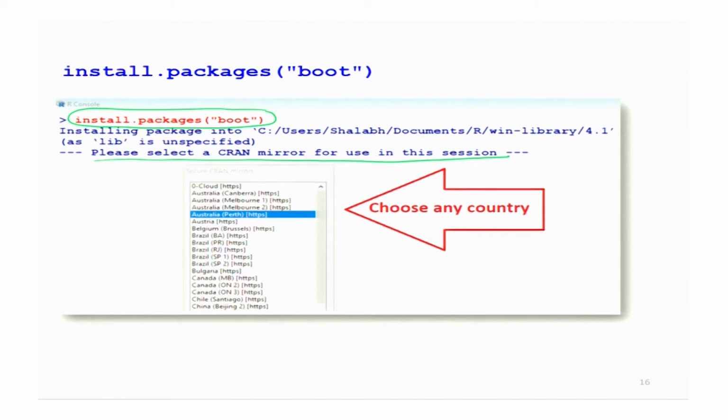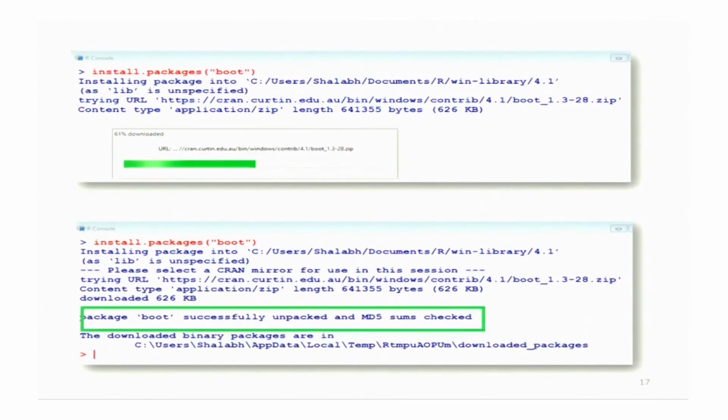Now it will ask you from where you want to download the package, and it has a list of countries in alphabetical order. This is from Australia at Canberra, Australia in Melbourne, Australia in Melbourne 2, Australia in Perth, Austria, Belgium, etc. So, you can choose any country, and after that this type of screen will come, right, and it will show you the progress of the downloading.